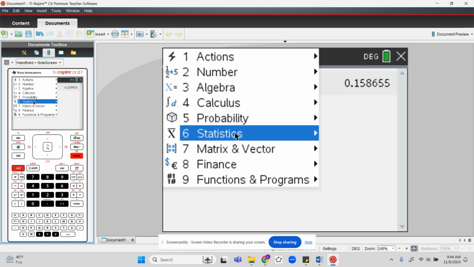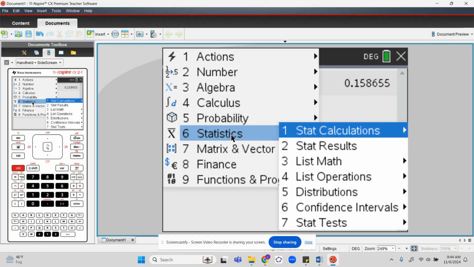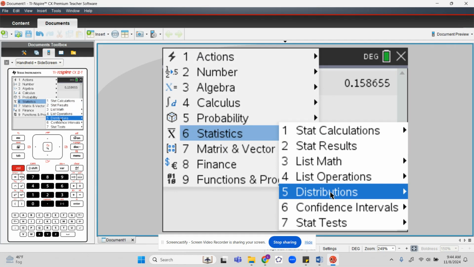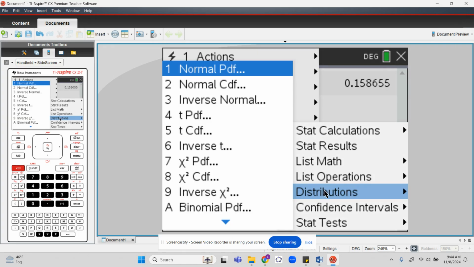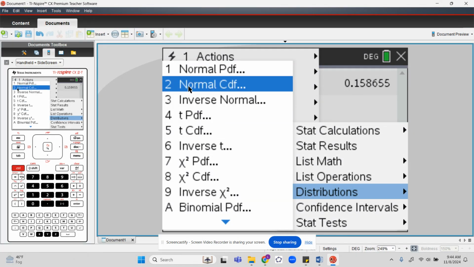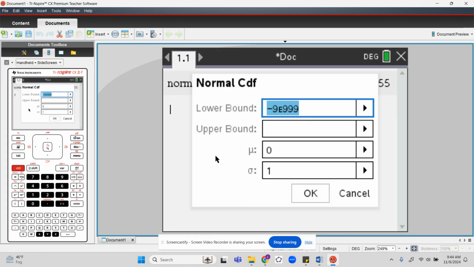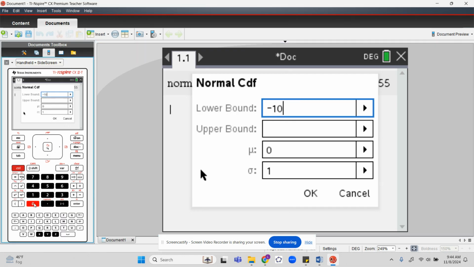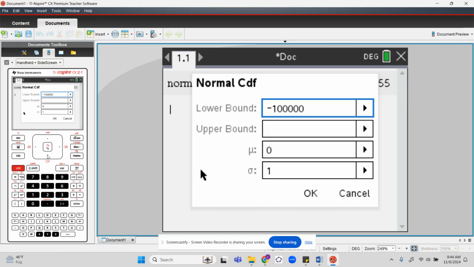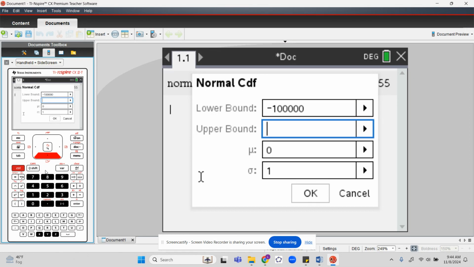So I'm going to go menu. You can actually go statistics or probability. They both have distributions there. They have the same distributions. You have a couple ways to find normal CDF. Since I wanted less than 184, my lower bound is a really small number. I know it's impossible to have a height of negative 1,000, but I'm just going to go really, really low for the lower bound.